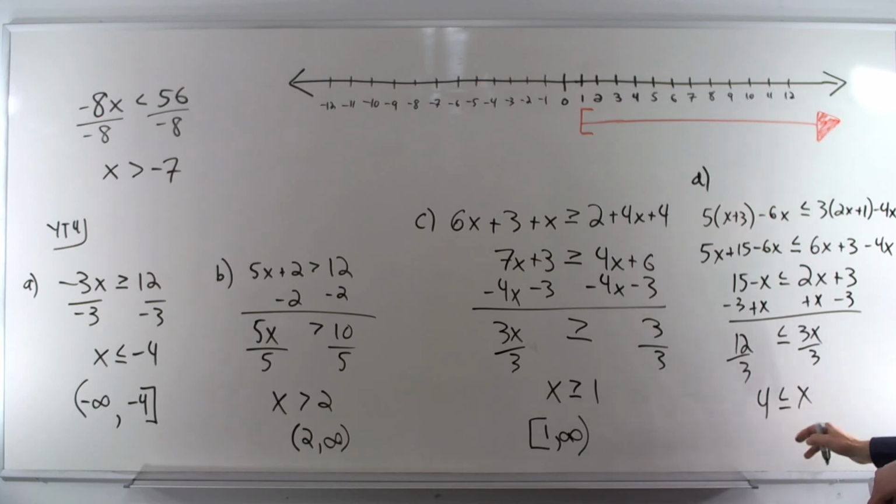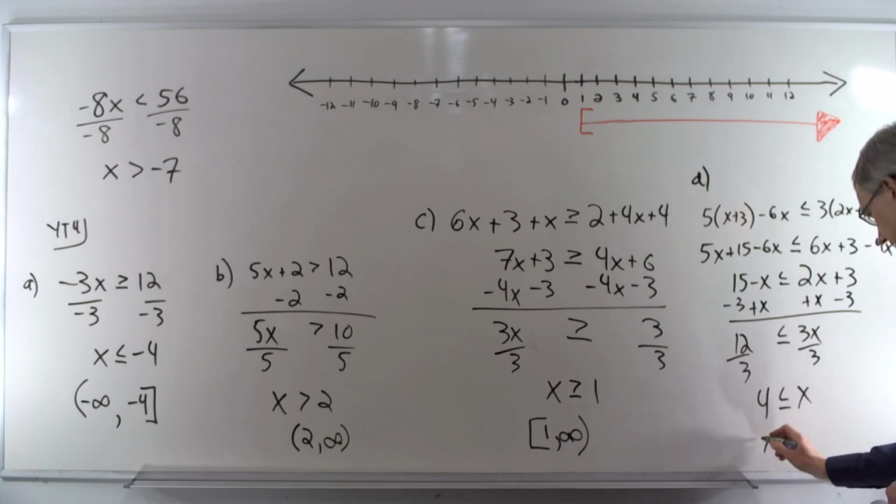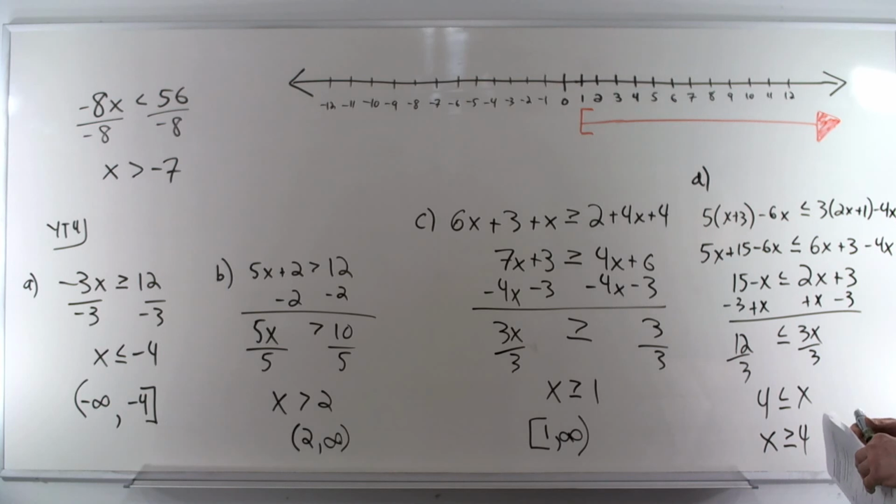We can always switch this whole thing around if it's easier to read that way. So an equivalent statement to this is x is greater than or equal to 4. Now in interval form, we're going to start with 4, then go all the way out to the right. So 4 comma infinity.